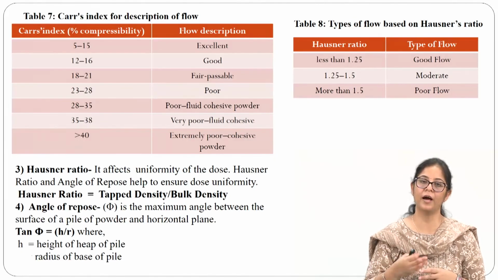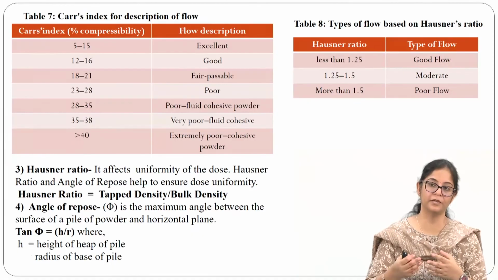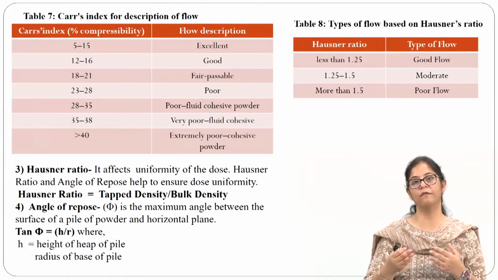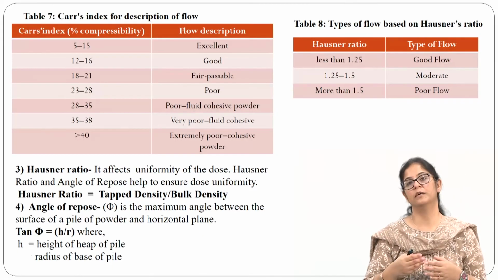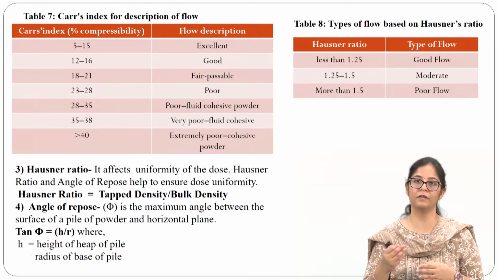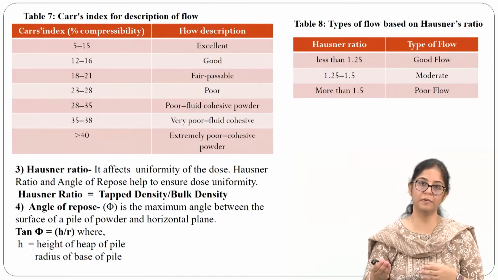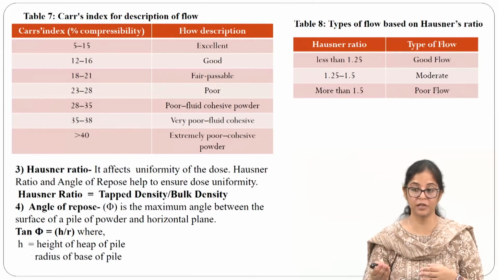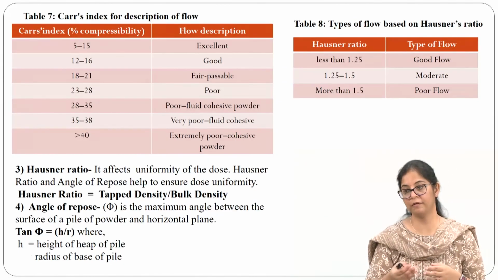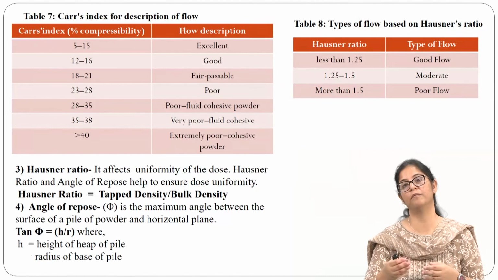Now once you have this ratio for the parent material, you can modify it using certain additives or certain excipients, or you can change the particle size, or you can change the processing parameters so that the flow property can be changed.